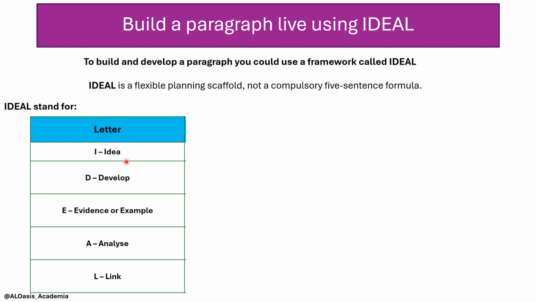It will start with an idea, and then you will develop the idea, and then you will use examples or evidence that support the development that you have just written, and then you will analyze the examples and evidence you've given, and then you will link them. Linking them means, for example, summarizing what you've just said in the paragraph, or linking it to the next paragraph.